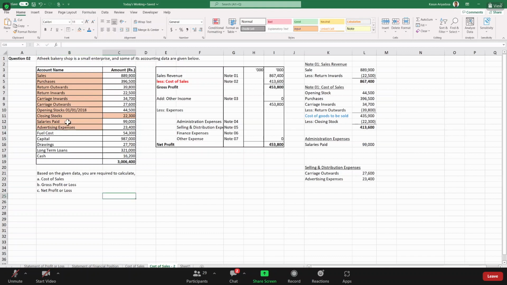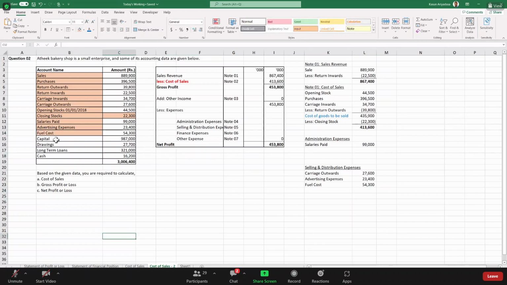Then fuel cost, let's say this fuel is for the selling and distribution purpose, then it comes under selling and distribution expenses. 54,300.